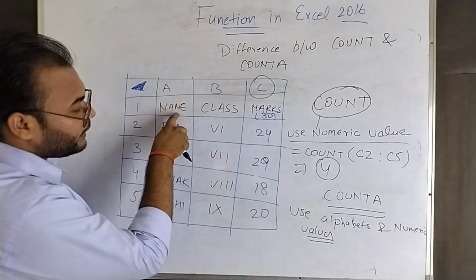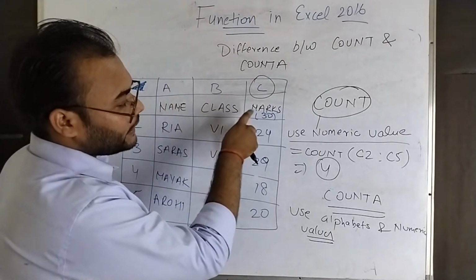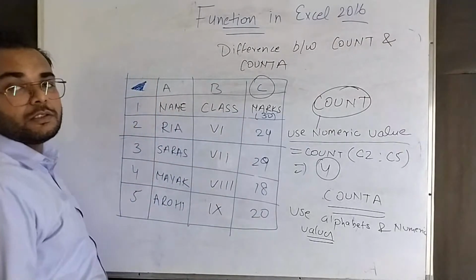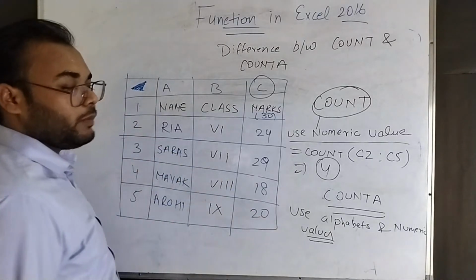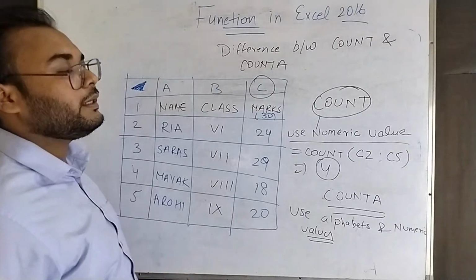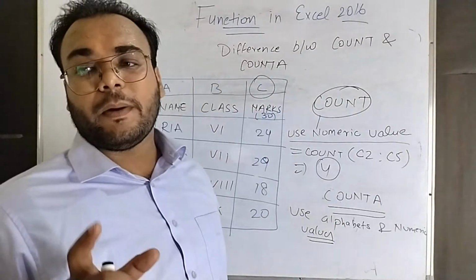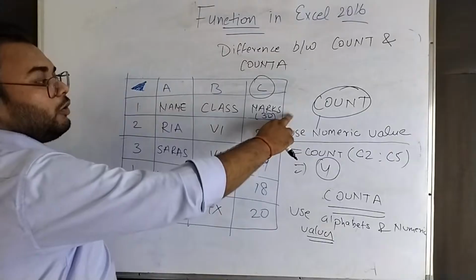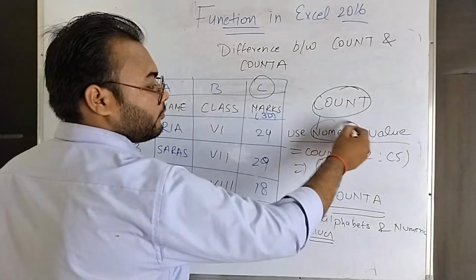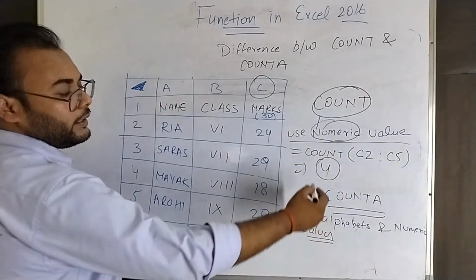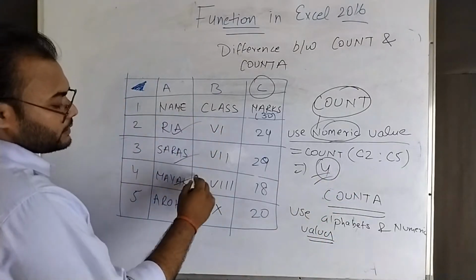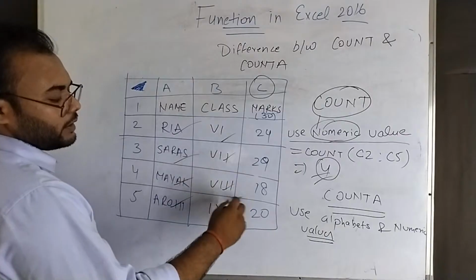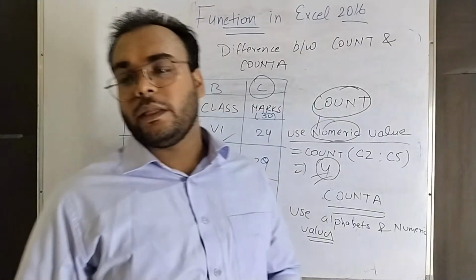It will include the name, the class, and the marks. So the counter function is that which includes the alphabets and numeric values. Just learn the proper definition, okay? And count will use only the numeric value, only the numbers. Counter will give alphabets also. It will include all the things, okay?